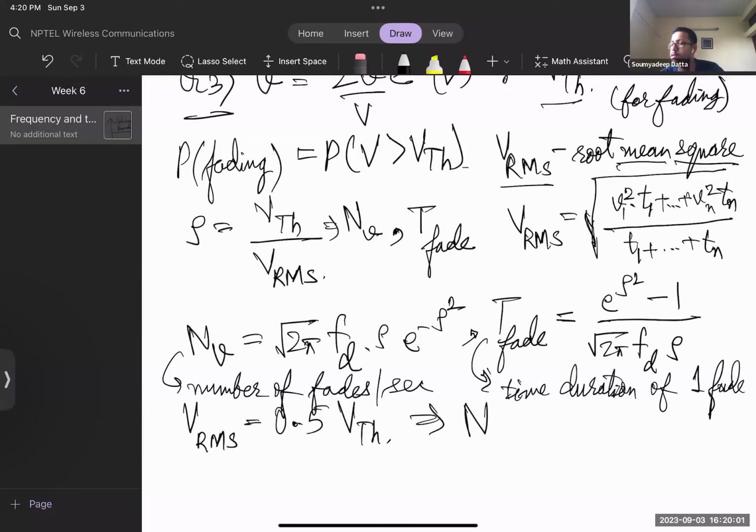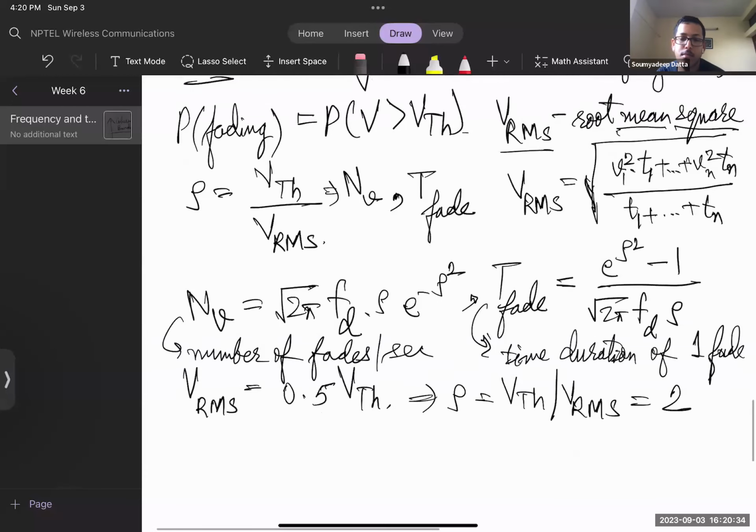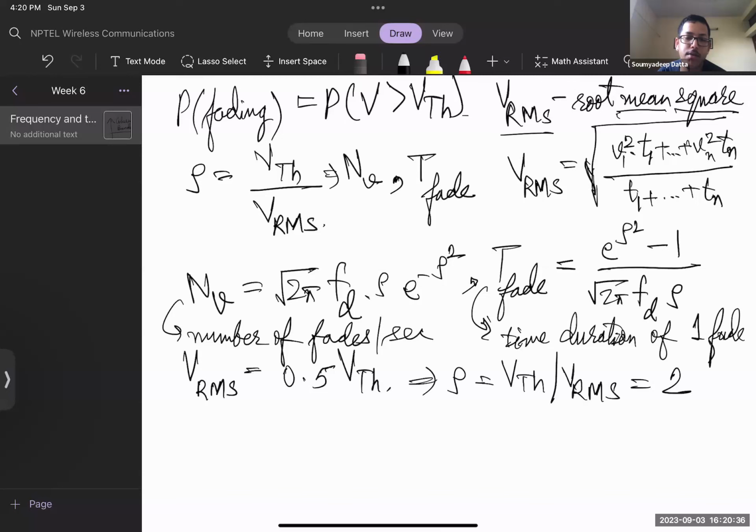So what is the duration for which the channel remains under fading? You are told that VRMS equals 0.5 times the threshold. So what is the value of rho, which is the threshold divided by VRMS? The value of rho is 2, right? And so you can just put in the value of 2.